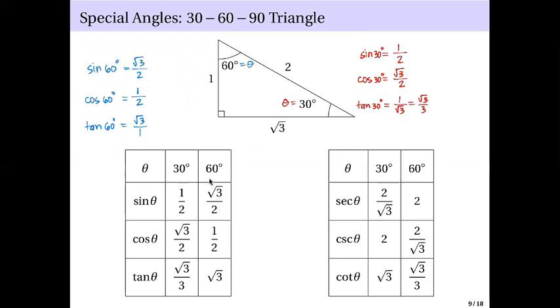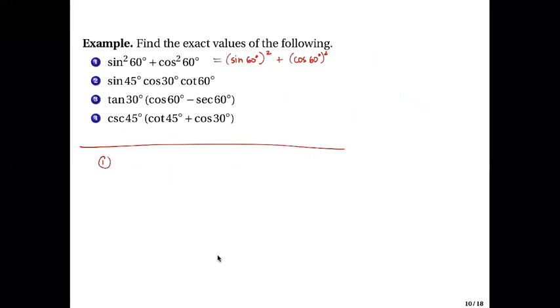Cosine 60 degrees is 1/2. So sine squared 60 degrees plus cosine squared 60 degrees is equal to square root of 3 over 2 quantity squared plus 1 over 2 quantity squared.